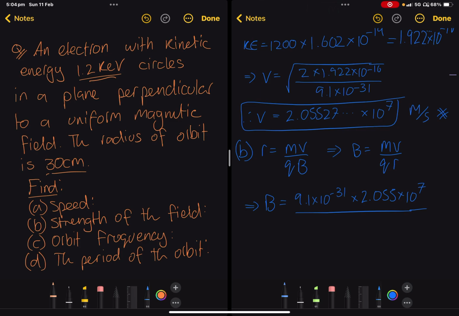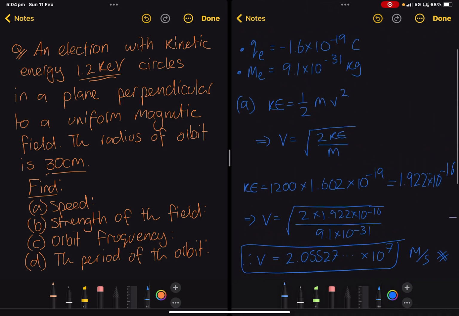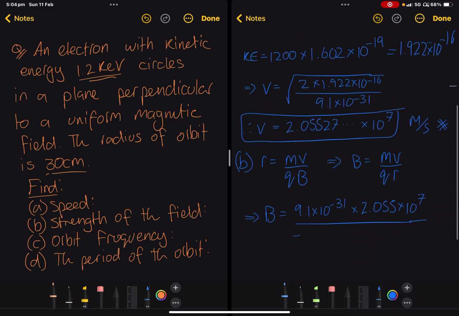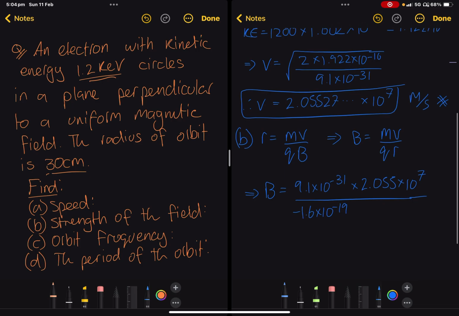You can round these however you want. We're just getting approximate values anyway. Divided by the charge. Now because it's an electron, this is minus 1.6 times 10 to the minus 19. Multiplied by the radius of the circle. Well, this is 30 centimeters, so that's 0.3 meters.